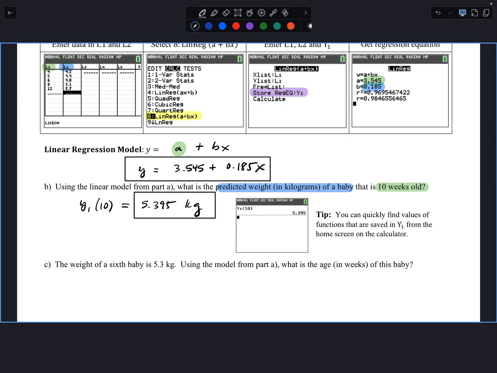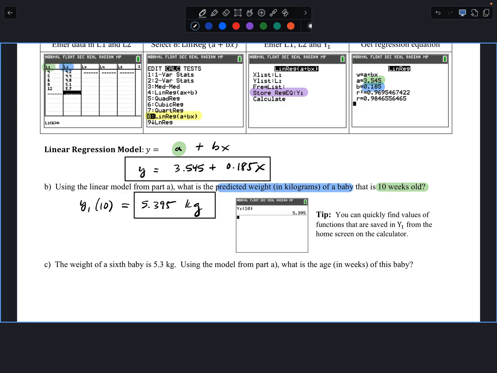No? So what's different this time? What do we know now instead? X or Y? We know Y this time, right? So now we know Y.